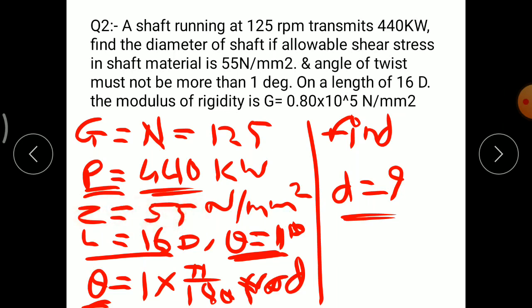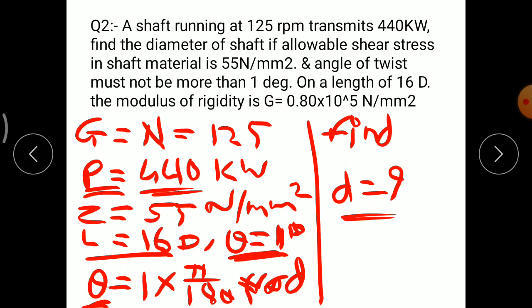The next term is shear stress, that is tau, and the value of tau is 55 Newton per mm square. L, that is length, is equal to 16 times the diameter, as we have in our statement also. Theta is equal to 1 degree, but we don't need theta in degree, we have to use it in radian.